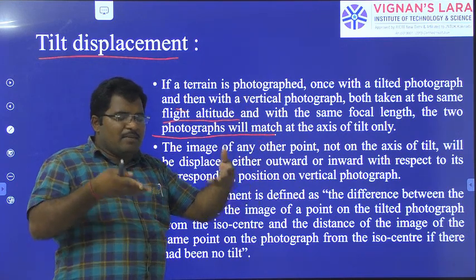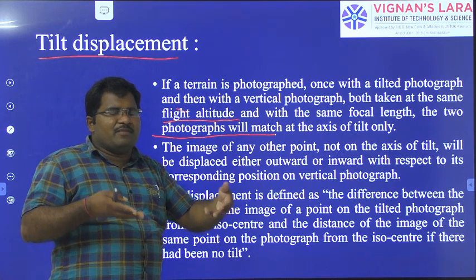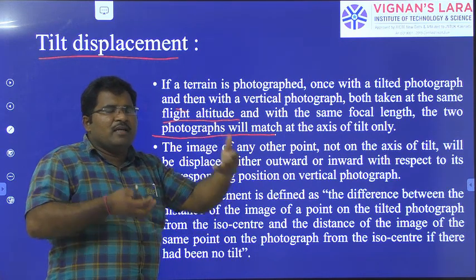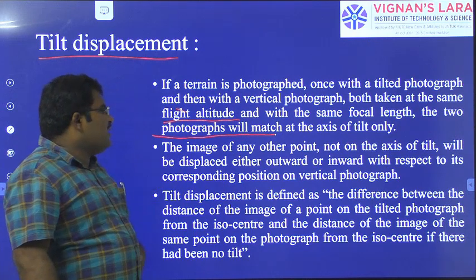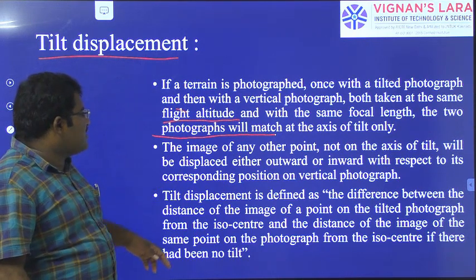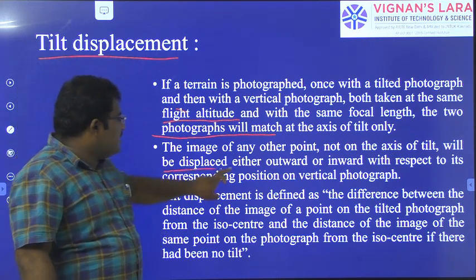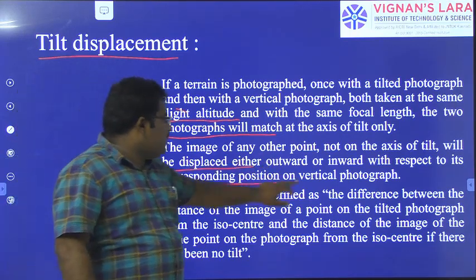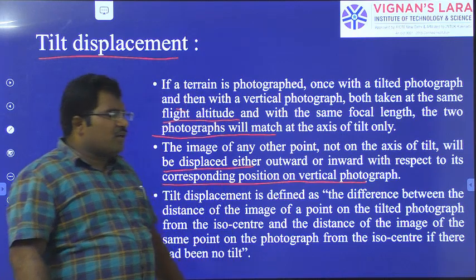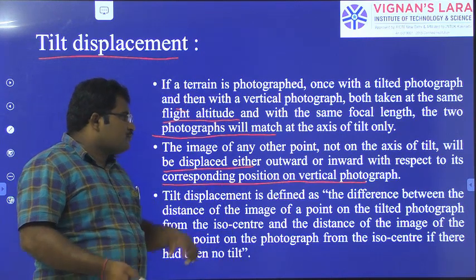Same at the axis, same photograph will be taken on the same height. The center will be considered as one point only. The image of any other point not on the axis of tilt will be displaced either outward or inward with respect to its corresponding position on a vertical photograph. Okay, it is going to move.